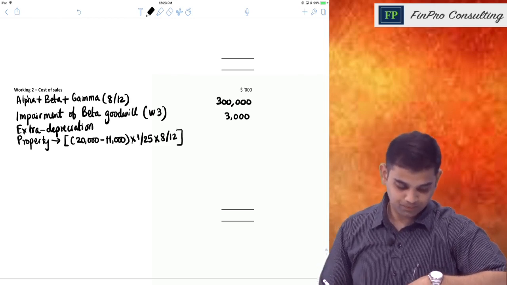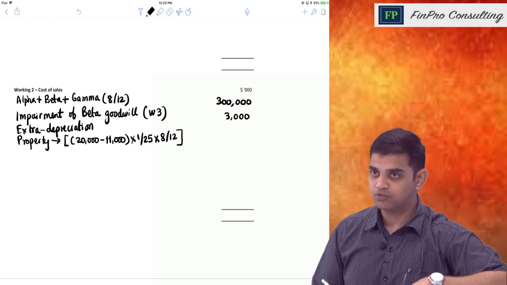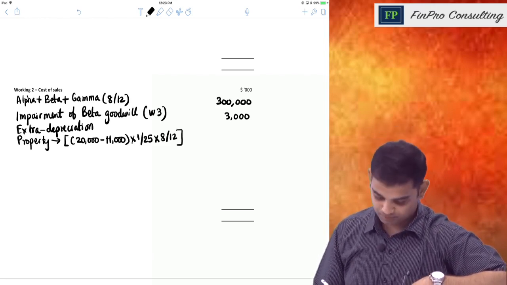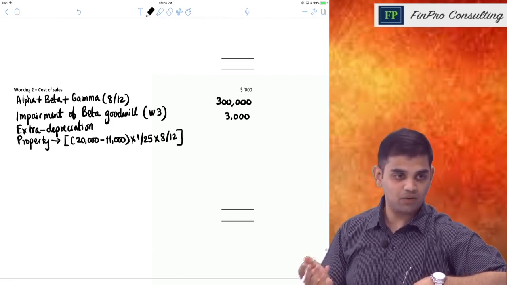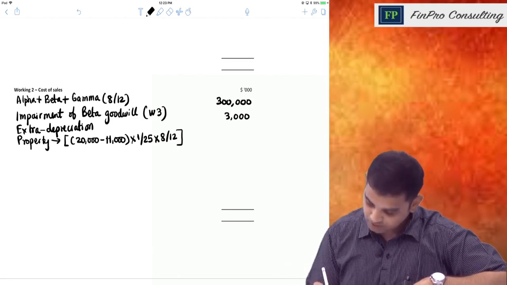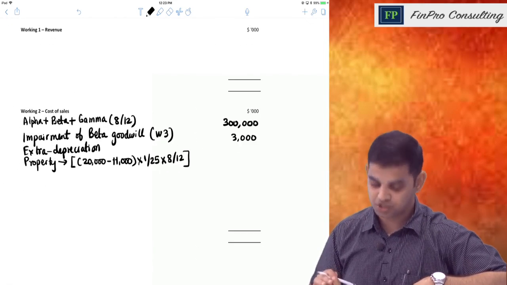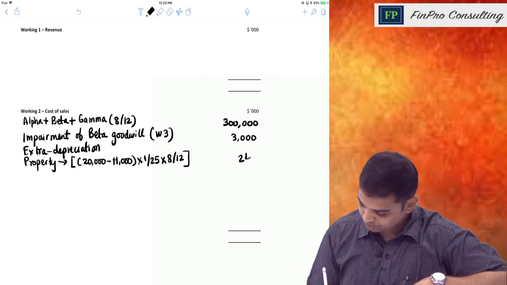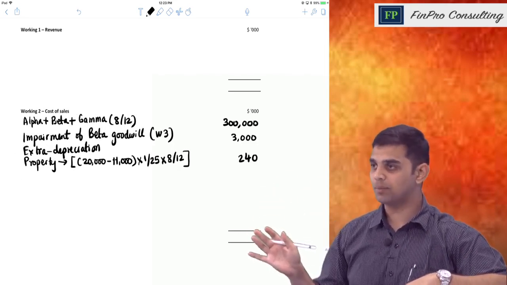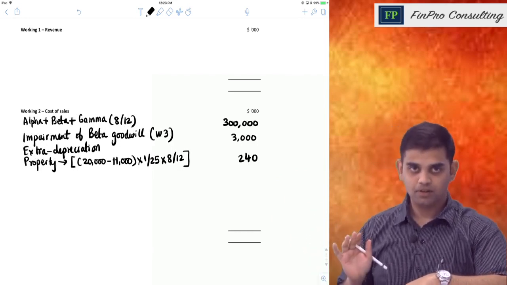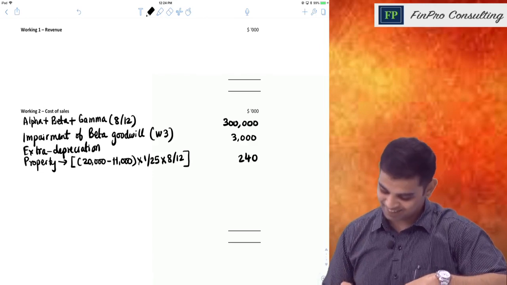What is the amount? 2,400 or 240? On 9,000 for 25 years, how come it will be 2,400? Plus or minus? Plus, again it's a cost. 240. Generally second effect is to property, plant and equipment. No property, plant and equipment in P&L problem. So P&L is very easy, just start giving one effect to P&L, that's it.